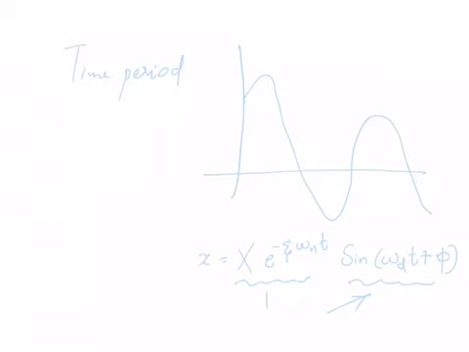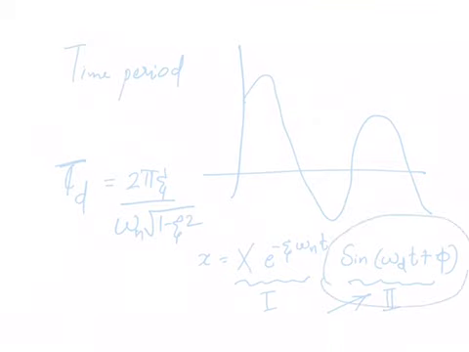If I call this the first term and this the second term, then whenever I talked about the damped time period Td, which is given by 2 pi divided by omega n root of 1 minus zeta square, I referred to the time period of this second term. Obviously the exponential function cannot have a time period because it keeps decreasing all the time. I didn't explicitly explain this in the earlier lecture.